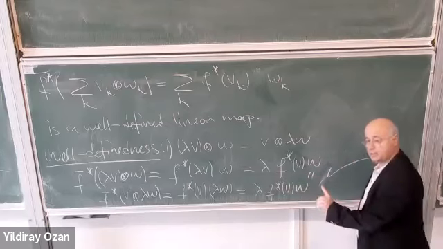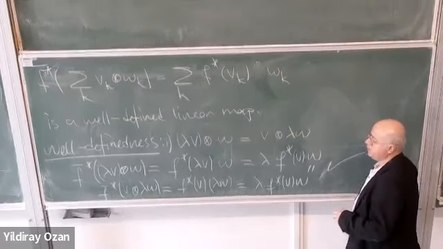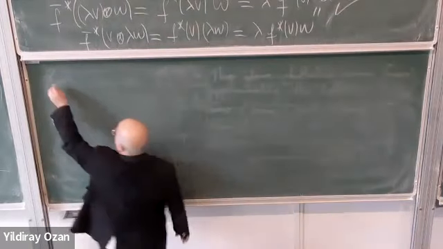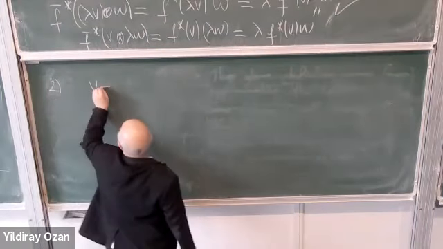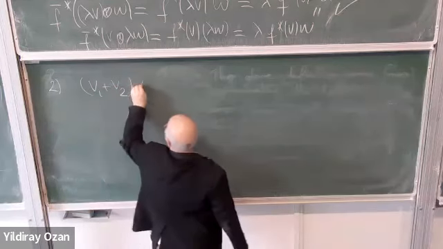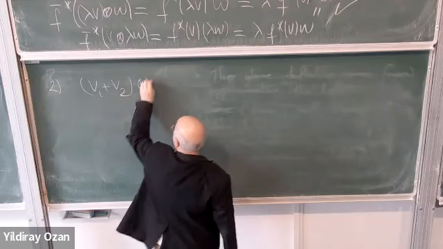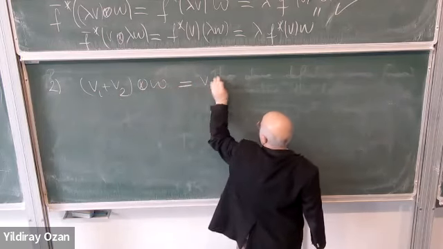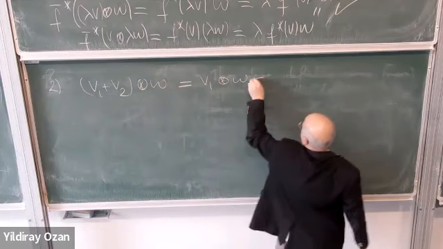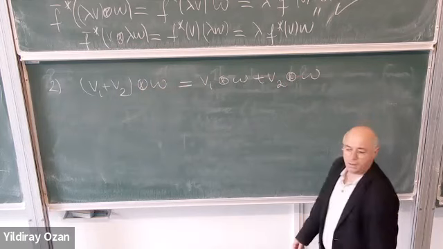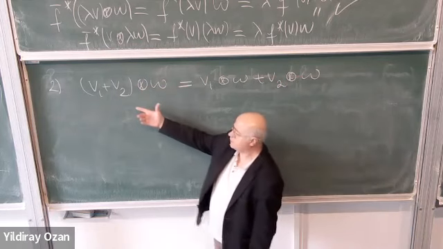But there is another type of equivalence, right? What is that? Well, we have also this. Let's say V1, sorry, V1 plus V2 cancel W is the same as this one. Okay. So I have to prove this.